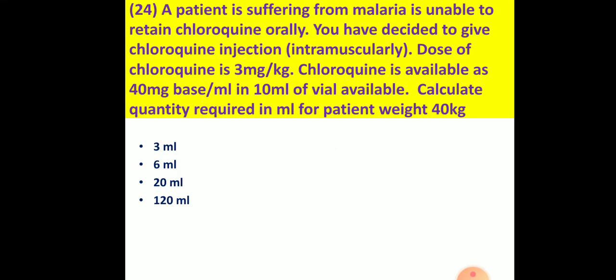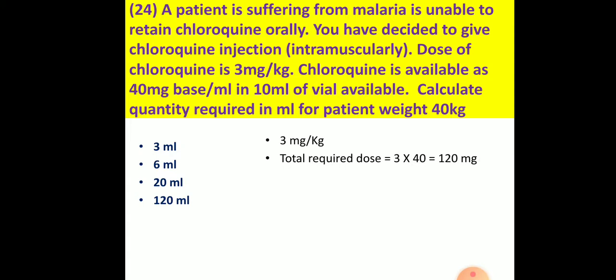And then last, you may panic thinking that it is a very long exercise, but no, it is very simple. A patient suffering from malaria is unable to retain the chloroquine orally, and you want to give the drug by the intramuscular route. So from here the statements are important. Dose of the chloroquine is 3 milligram per kg and the weight is 40 kg.